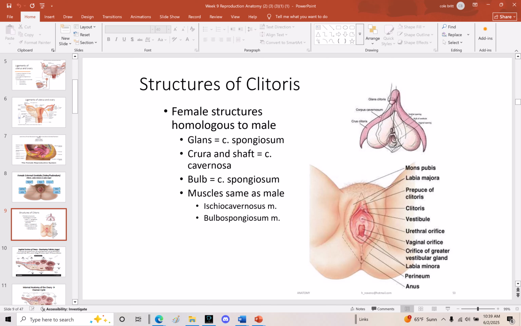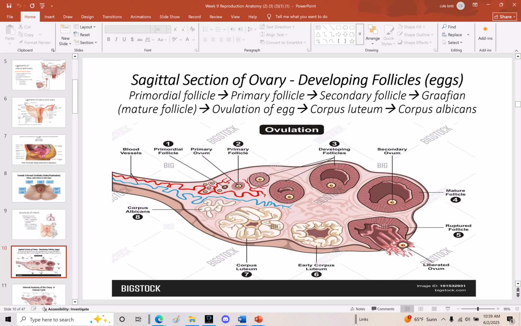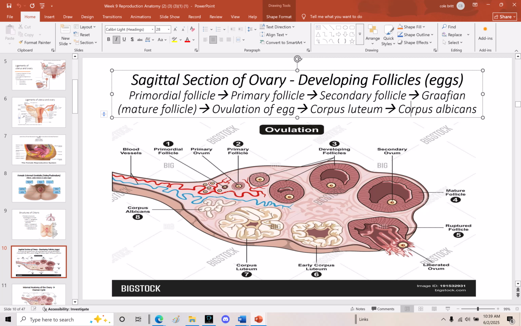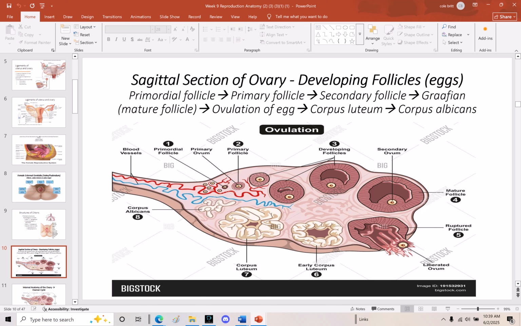All right, so here we have our process of ovulation. What happens is you have this primary follicle with a primary oocyte inside. Now, for whatever reason, the body decides to cause one to start growing.